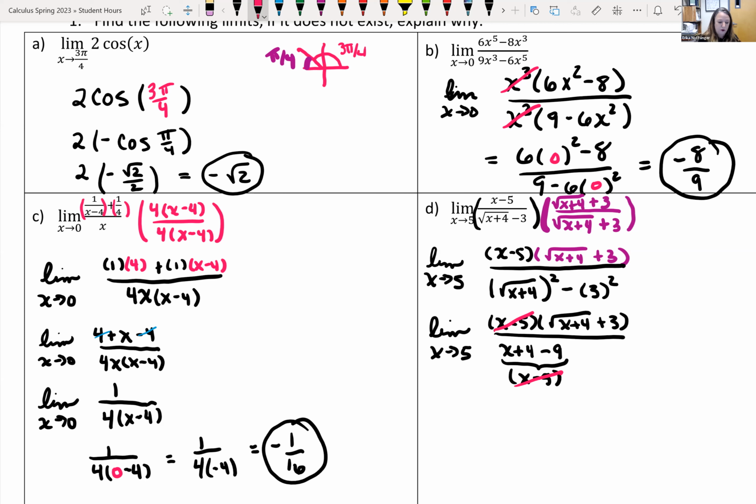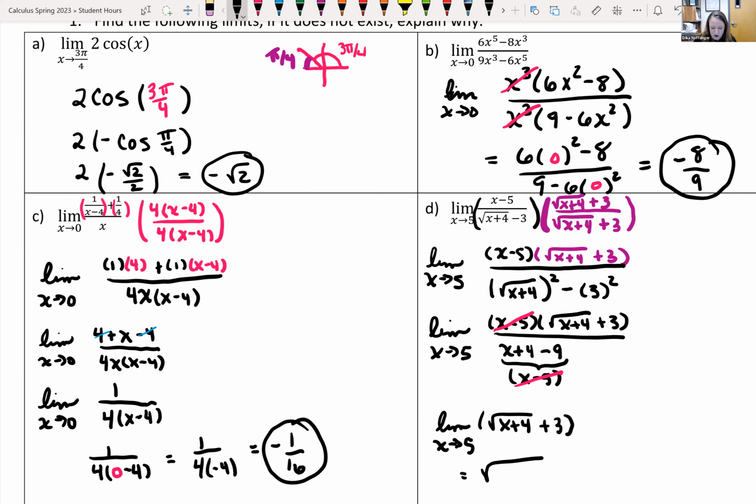So all I'm left with now in the denominator is just 1, which I don't need to write anymore. So really, I'm just taking the limit as x is approaching 5 of the square root of x plus 4, and then outside of the radical, I have plus 3. So now doing our direct substitution, once we do the direct substitution, we no longer write the limit.